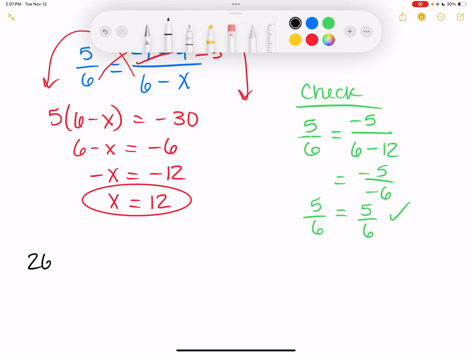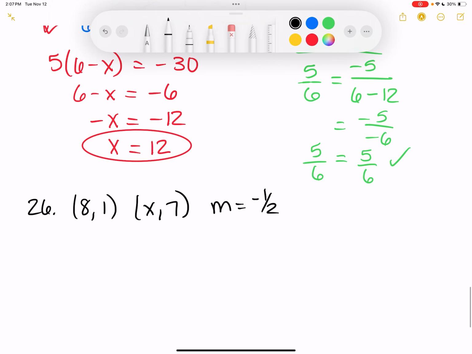26. The points are (8, 1) and (x, 7), and m is -1/2. So I've got -1/2 equals 7 minus 1 over x minus 8. 7 minus 1 is 6.